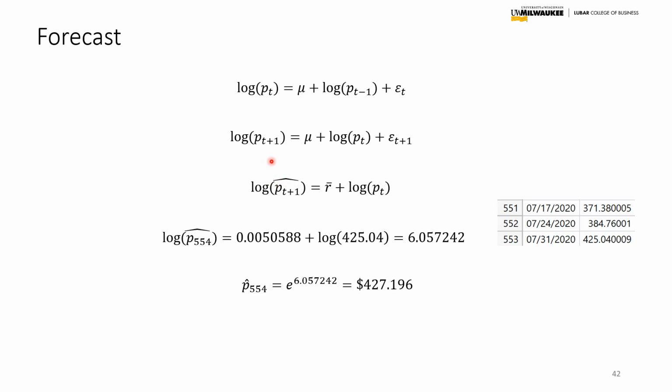Pushing the subscript into the future, we would have the log of price at time t plus 1 equaling mu plus log of price at time t plus the future random error, which we can assume to be 0, giving us the forecast of the log of price at time t plus 1 equaling r bar, which is our estimate for mu, the average weekly return, plus log of price at time t.